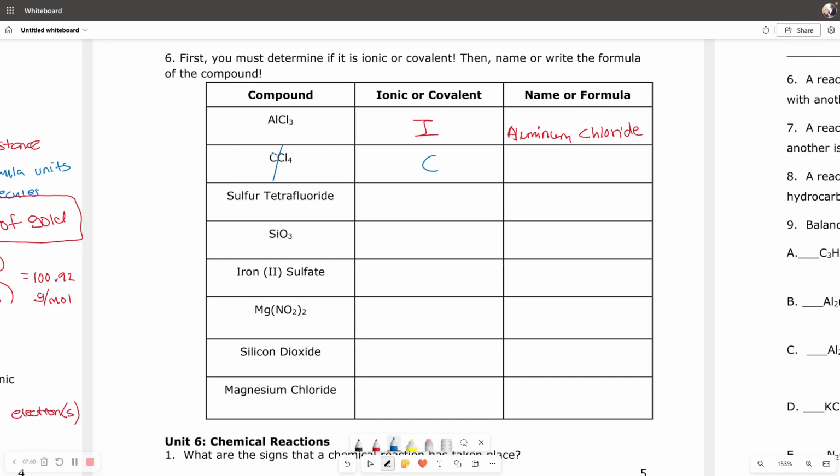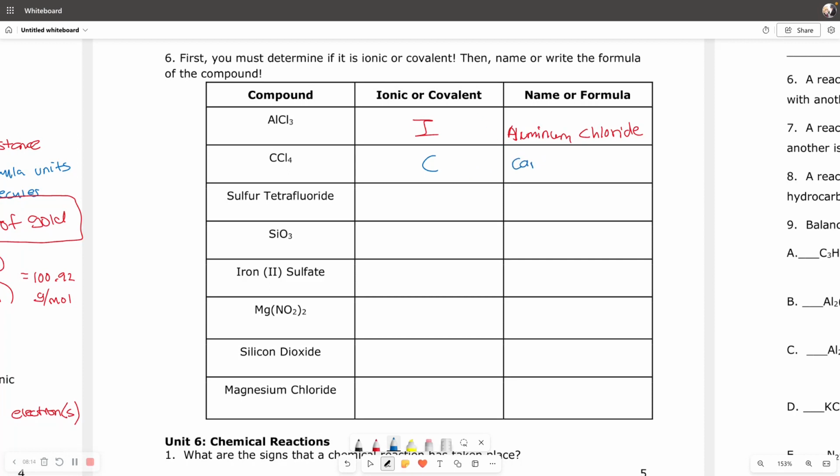But remember that the first atom in the compound, the C, the carbon, even if there's one carbon in it, it does not get the mono in front. So you would not call this monocarbon. That's a big no. And you would just call it regular carbon. You do not put mono in front of a nonmetal first element.